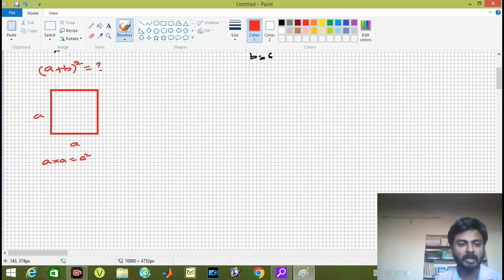Now I want to extend the size of the length and breadth. I am extending this with green color. I am extending the length and breadth evenly. It covers 3 boxes, and here also it covers 3 boxes.